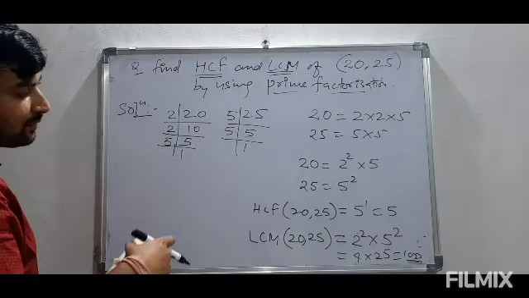The answer of this question, HCF is 5 and LCM is 100. So let me write this here, then I will discuss the second part of this. HCF of 20 and 25 we have calculated as 5, and the LCM of 20 and 25 we have calculated as 100. So this I am going to use in our next discussion.